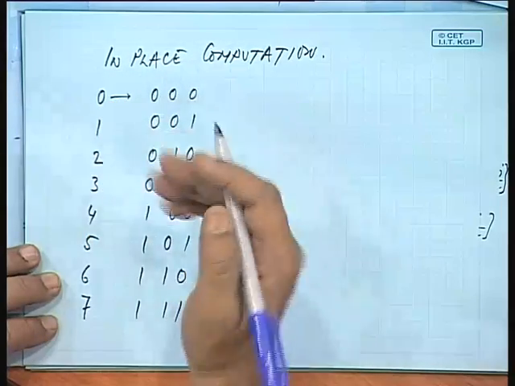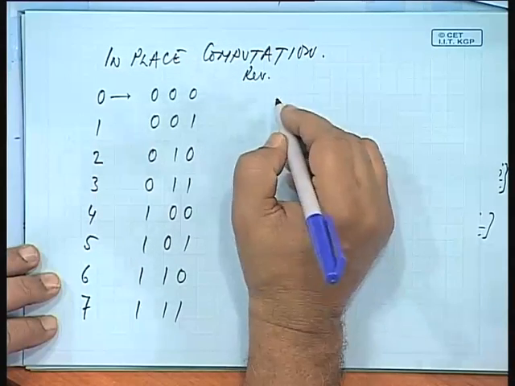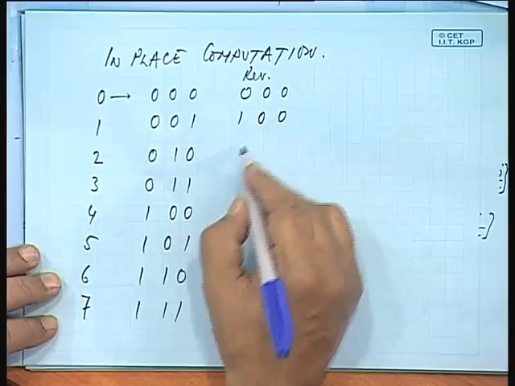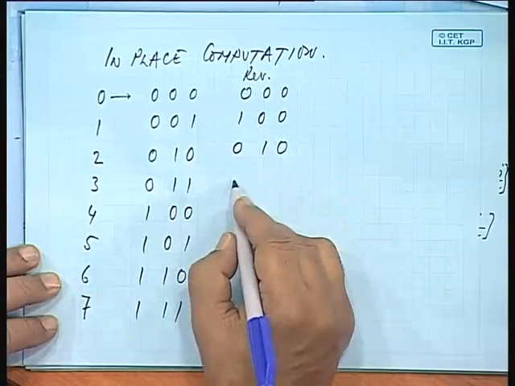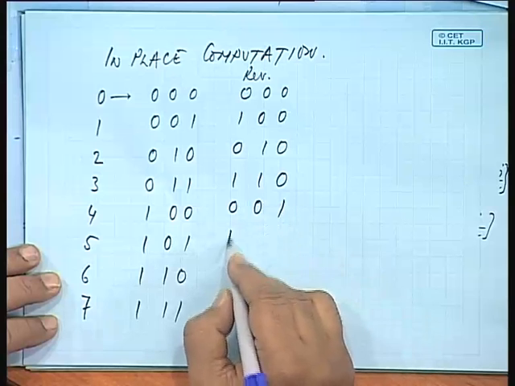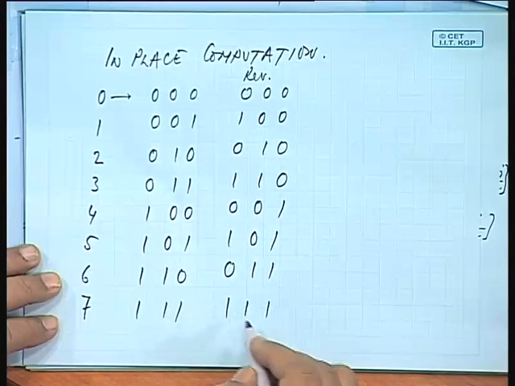If you reverse them, the reverse sequence will be 0 0 0, 1 0 0, 0 1 0, 1 1 0, 0 0 1, 1 0 1, 0 1 1, 1 1 1.